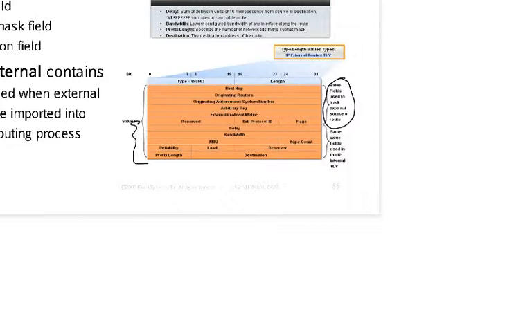EIGRP does not have to do that. When it receives information from an external autonomous system, it just needs to store the fact that this information came from this originating router on this autonomous system.